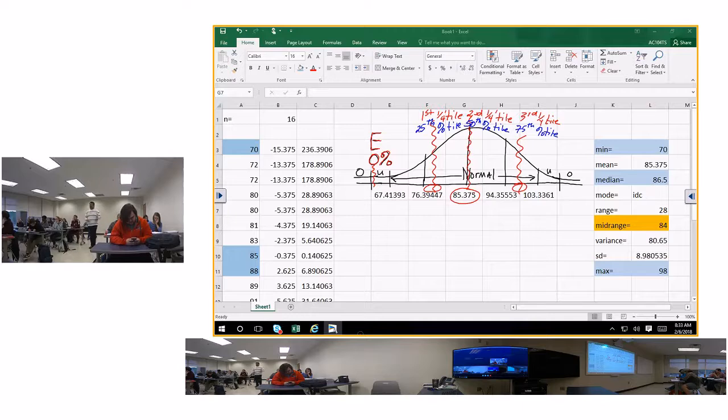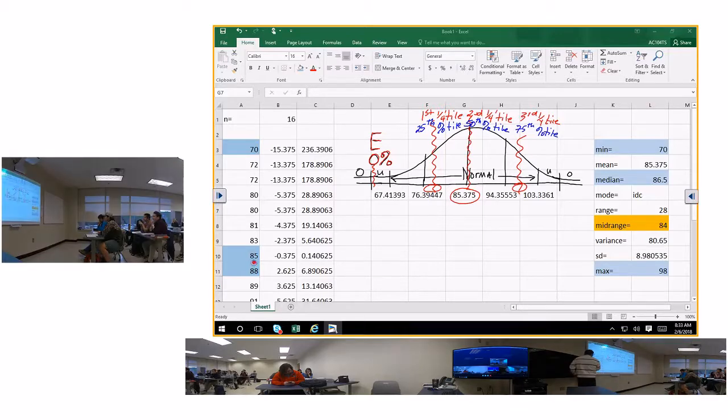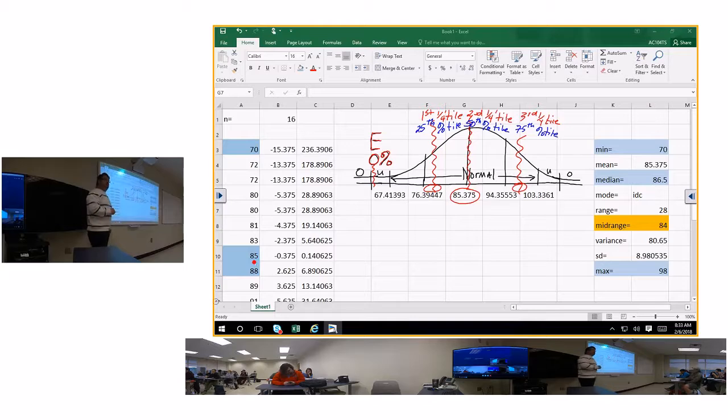What are you talking about? Well, where is your median? Your median is right here. Does everybody agree with that? Because it's between those 2 numbers in blue. So all you have to do is draw where your median is.